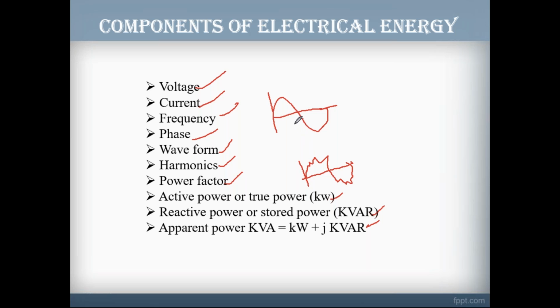When you compare the fundamental waveform to the output waveform, the disturbances that happen are called harmonics. Because of harmonics, power quality decreases. That is the reason harmonics are involved in this circuit.